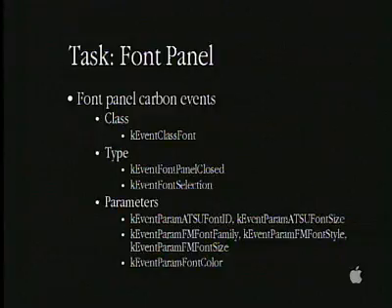When the font panel is up and the user has made a selection, your application and your window will receive a Carbon event. This event will be of class font, and there are two types you may get. One, that the font panel has closed, or, more importantly, that you've gotten an event for a font selection. Once you get this font selection, you're going to want to pull some parameters out of the event.